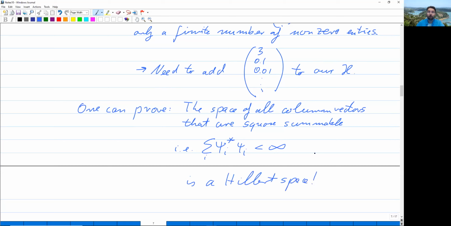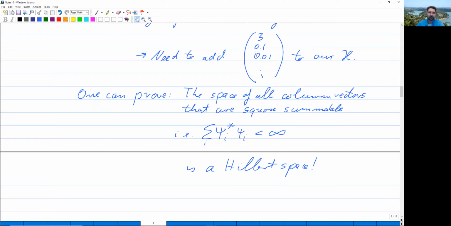Okay, this is why I had mentioned some lectures ago that we are going to work with the square summable coefficient vectors. I mean, with vectors that have square summable coefficients. They form a Hilbert space.